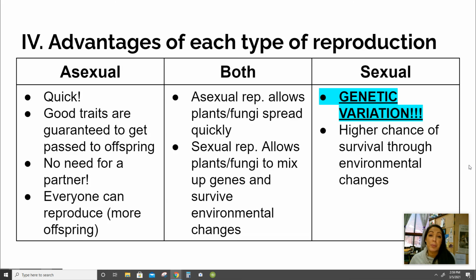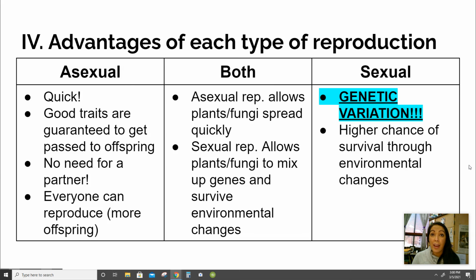But sexual reproduction in those plants and fungi that can do both can allow them to mix up their genes, which will help them become a little bit more varied in their traits and will allow them to better survive some environmental changes. Sexual reproduction has its advantages as well, even though it takes longer and takes more energy for those organisms to combine their genes, and there's a higher chance of it not being successful.